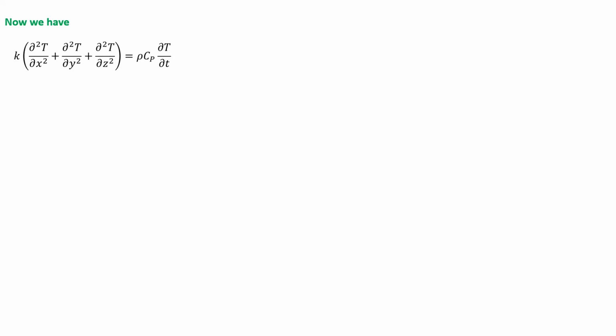Now we have the equation ∂²T/∂x² plus ∂²T/∂y² plus ∂²T/∂z² is equal to rho cp ∂T/∂t, where k is taken out of each of the brackets as in the previous slides, because it was mentioned that the properties of the material are constant. So the equation k (∂²T/∂x² plus ∂²T/∂y² plus ∂²T/∂z²) is equal to rho cp ∂T/∂t.